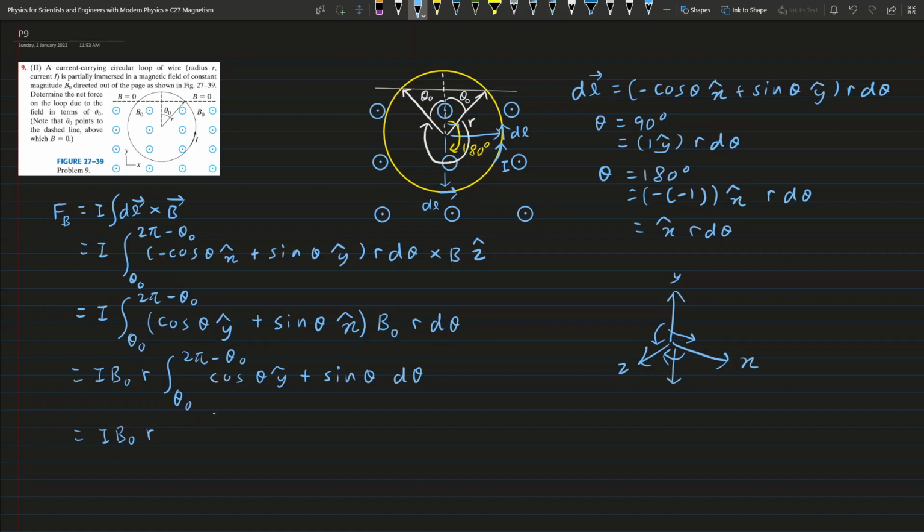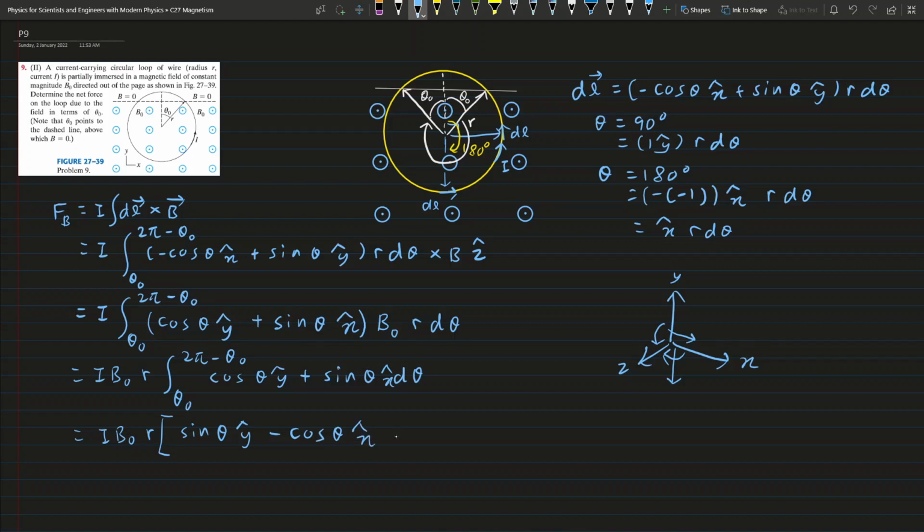We solve for this integration. So integrate cos theta, we will get sine theta, and integrate sine theta, we get the minus cos theta. This direction is in the positive x.